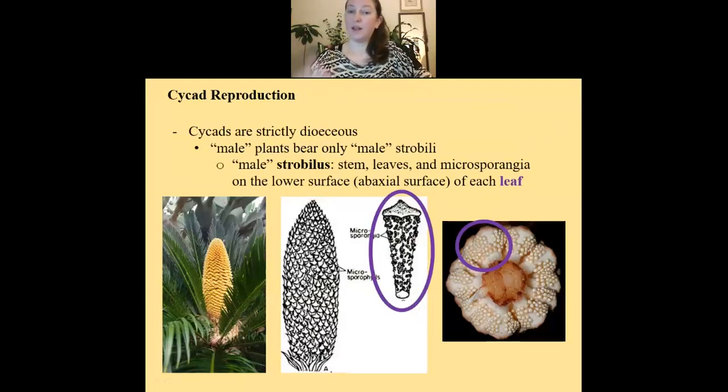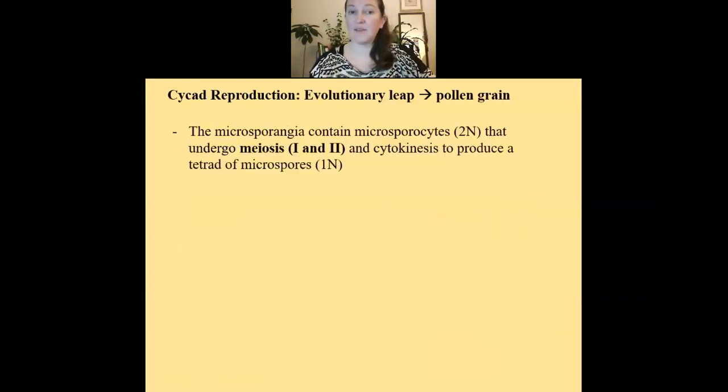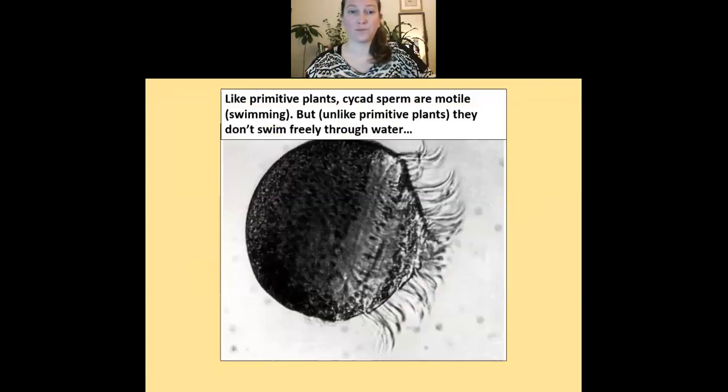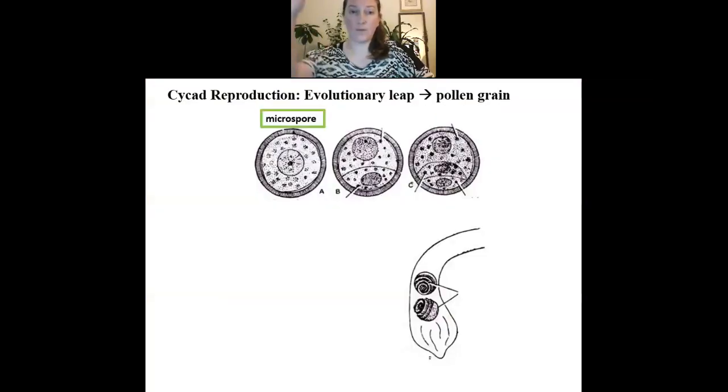So yes, there are microsporangia on the bottom of the leaves that make up the male strobilus. Inside of each microsporangium are microsporocytes that are 2N that will produce microspores. So that's where we are here.